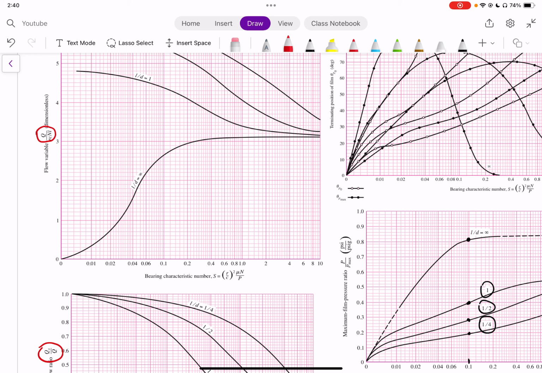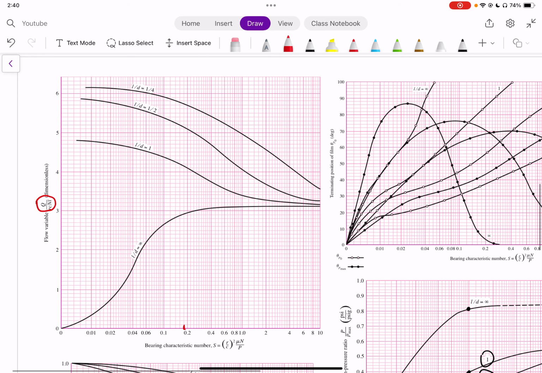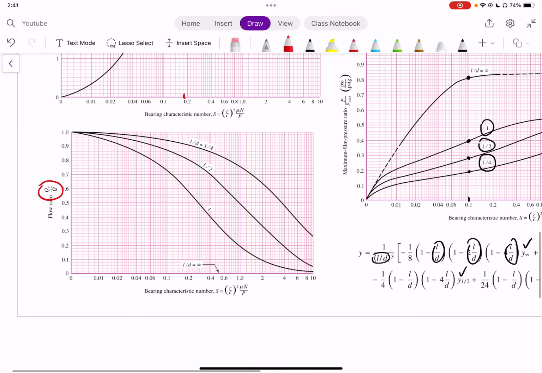Okay, so we have our Sommerfeld number already, 0.182, so it's going to be somewhere here. It's going to be at L over D of 1/2. So it's going to be somewhere around here, which is going to give us a value of around 5.1. We'll write that down on our worksheet later on, but we're going to keep it like this for now. And then here we have 0.182 at 1/2, which is somewhere here.